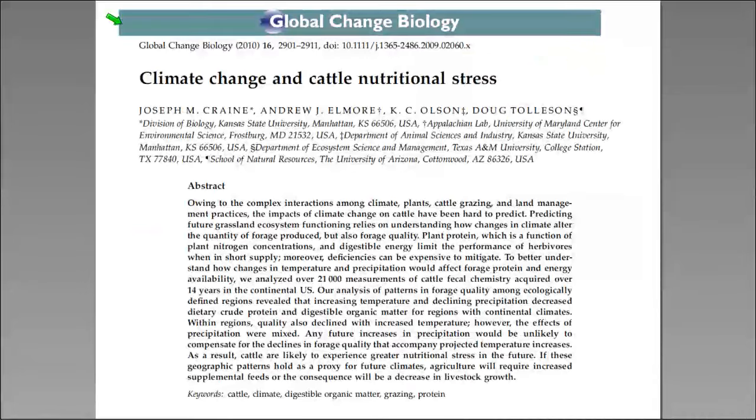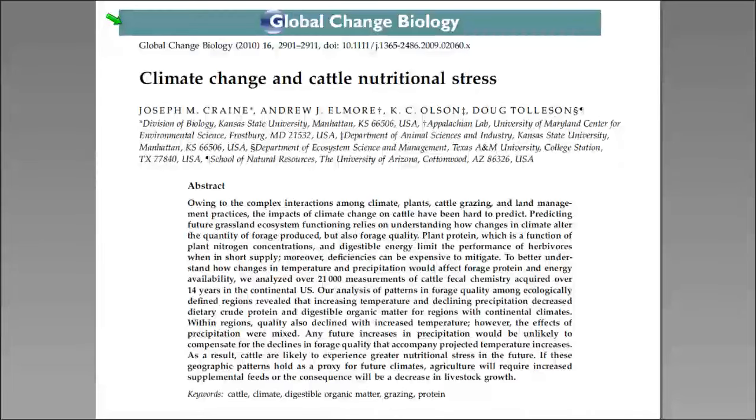So I want to point out a paper that was done back in 2010. A Kansas State scientist approached us at the fecal NIR lab there in College Station and took about 12 or 15 years of our data, over 20,000 samples that we had geo-referenced.